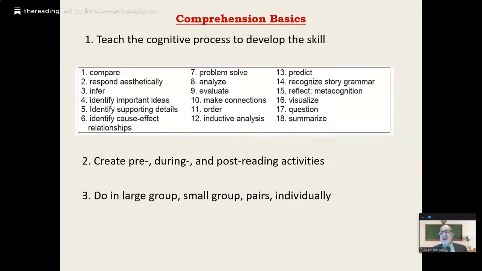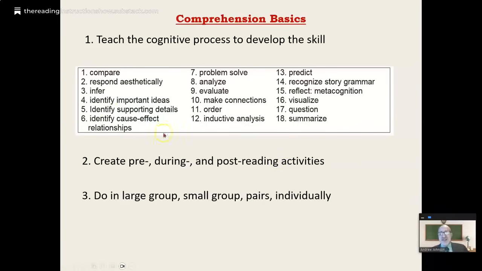Well, here are some applications of that theory. Comprehension involves these higher level thinking processes, some or all, and we teach the cognitive processes specifically to develop the skill. Here's that thinking moving from outside to in.